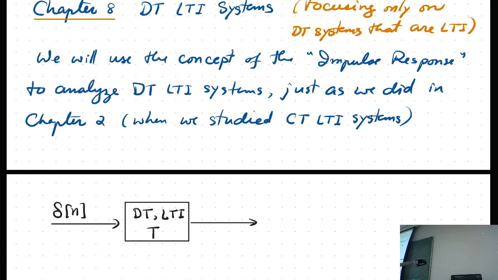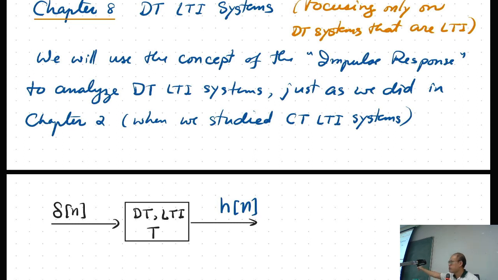Whenever it is discrete time, we call it unit sample, not unit impulse. Now, when we apply the unit sample to the discrete time linear time invariant system T, the output will be called the discrete time impulse response, and we use the notation h of n.